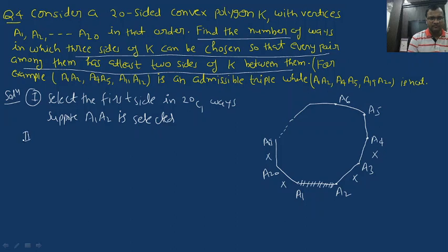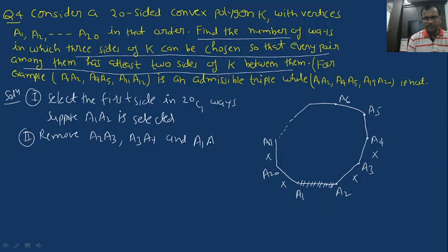Second step, remove A2A3, A3A4 and A1A20, A20A19 as they cannot be selected.